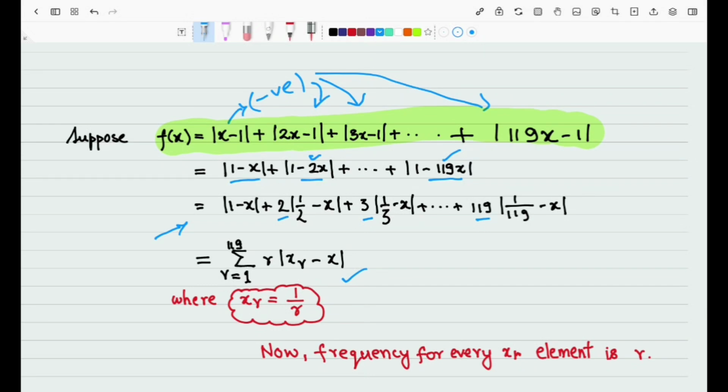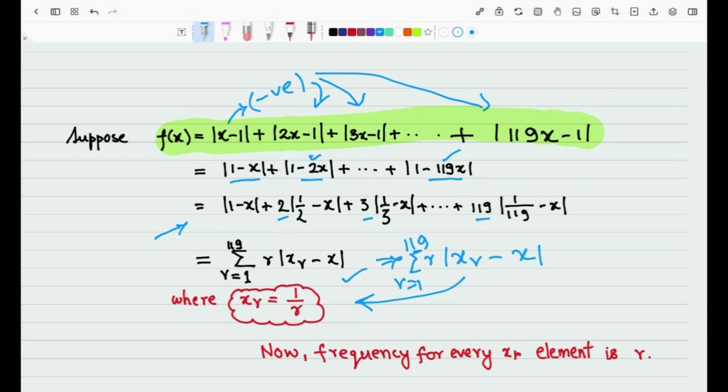We can just replace it very simply as follows, and you can understand it: that is |x_r minus x|, where x_r is equal to 1 by r, and this is the summation r equal to 1 to 119. That is what I have written here.